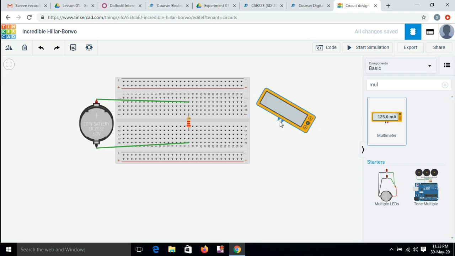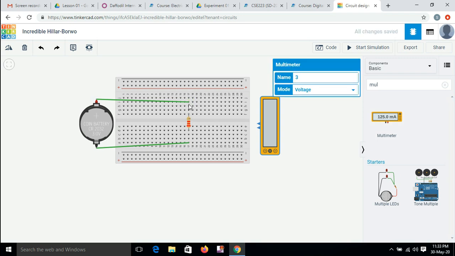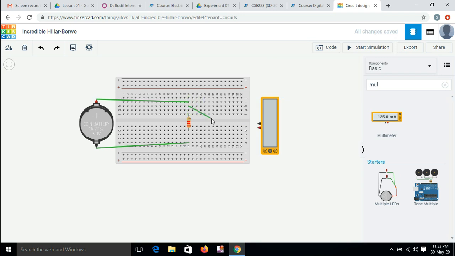First, if we want to measure voltage across this resistor, we are going to connect the positive terminal of the resistor with the positive rail of the multimeter and the negative terminal of the resistor with the negative rail of the multimeter. So now if we simulate it, we can see the amount of voltage that is being dropped across this resistor.